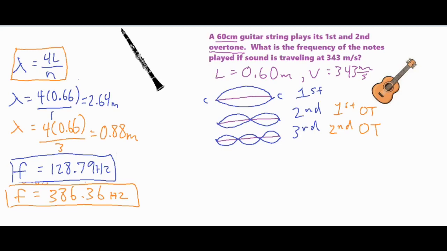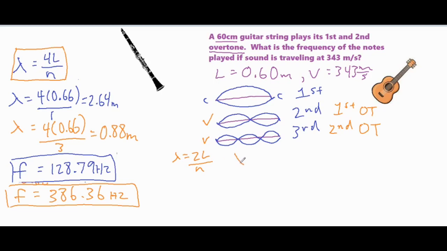Now for this one, if it's closed on both ends, then we're going to use the formula wavelength equals 2L over N, and we can find our wavelength for the second and third harmonic, which is our first and second overtone.